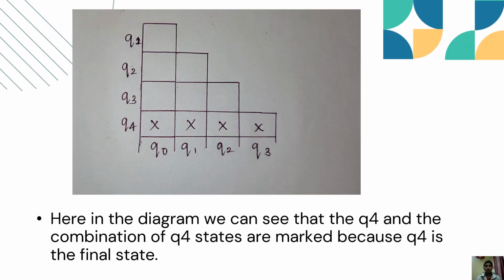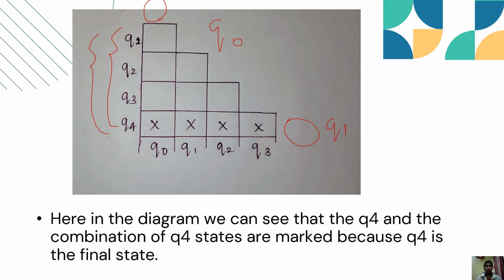In the next slide, now we will draw this kind of table for the given DFA problem. While drawing this table, in the vertical column we need to leave the starting state, that is the initial state, which was our Q0. Then we have to leave the final state in the horizontal, that is Q4.